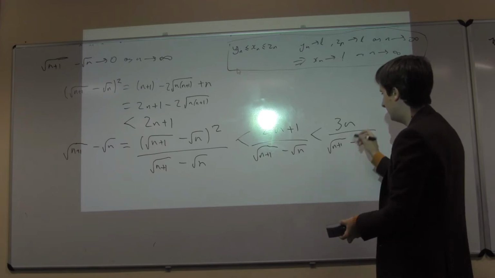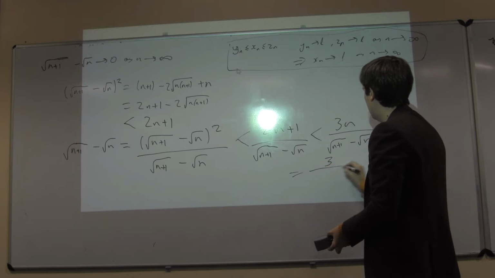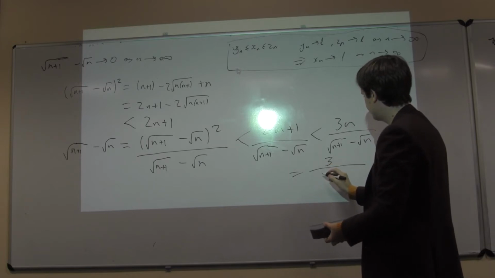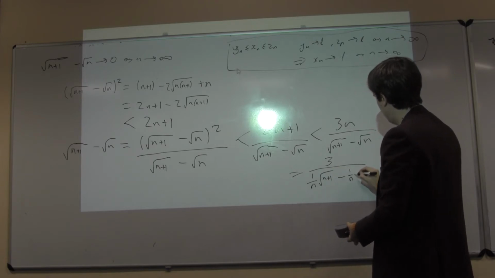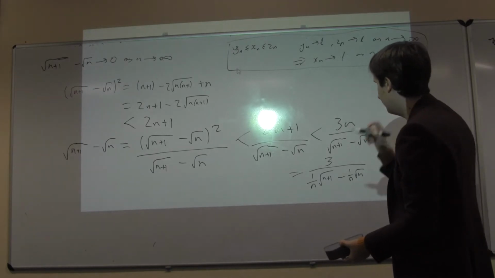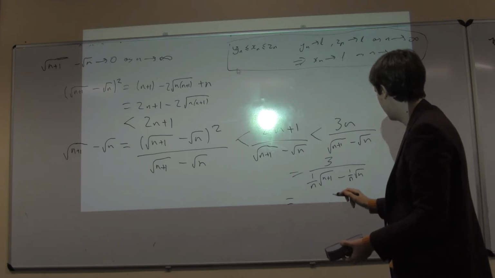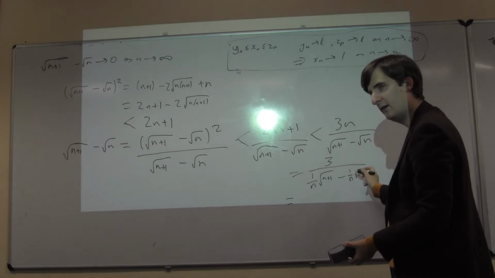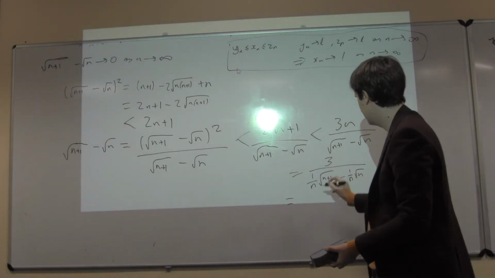And then let's divide top and bottom by n. So this is 3 times 1 over n root n plus 1 minus 1 over n root n. Well, 1 over n root n is 1 over root n.